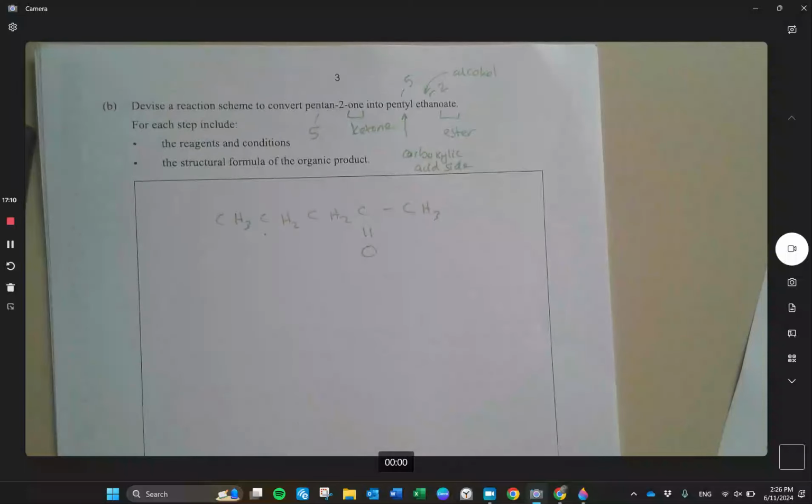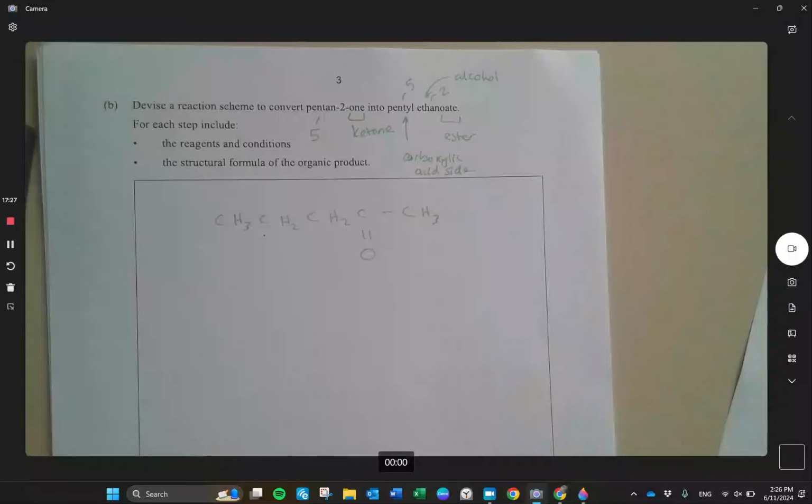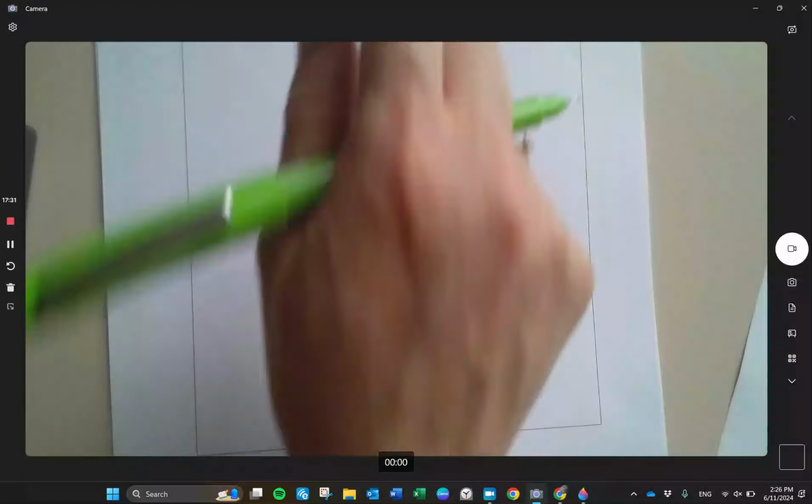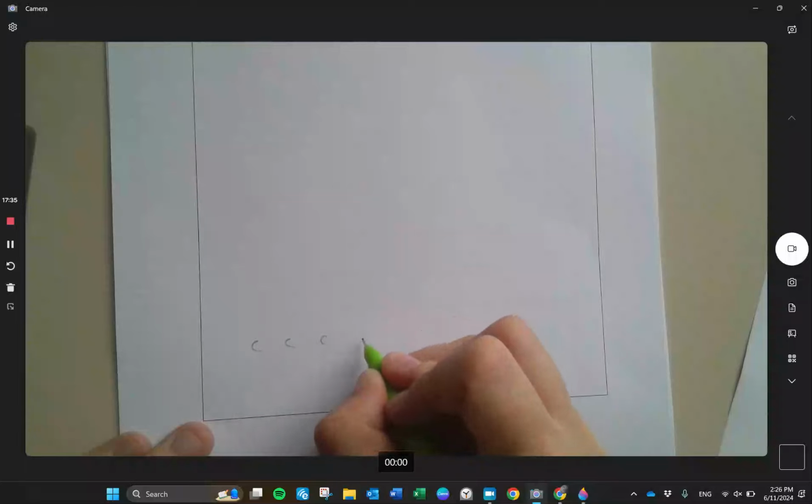I can't spell either. So, as long as you can look at it and go, that's alcohol in your brain, then it's fine. Okay. So what I'm going to do is I'm going to draw out my 5 carbon. 1, 2, 3, 4, 5. I'm drawing him on the bottom.